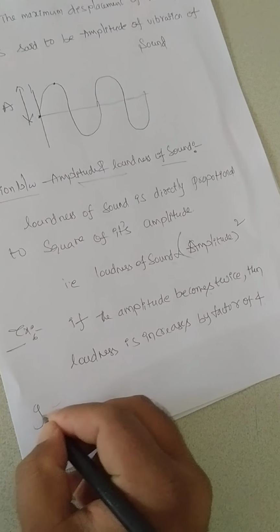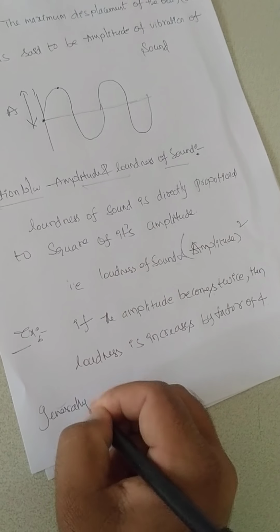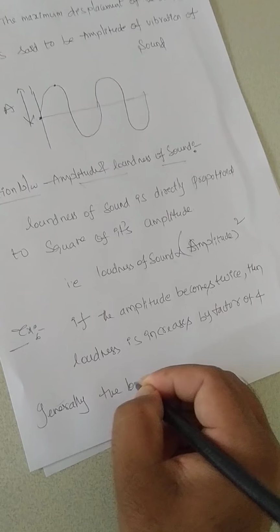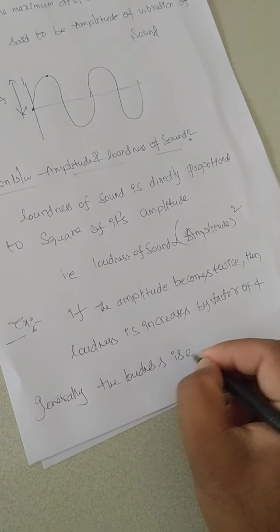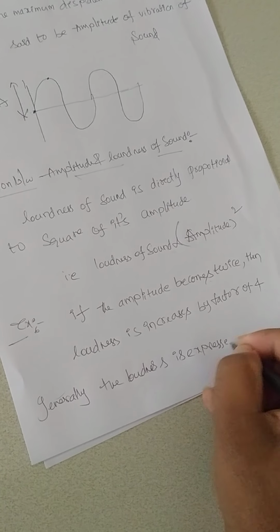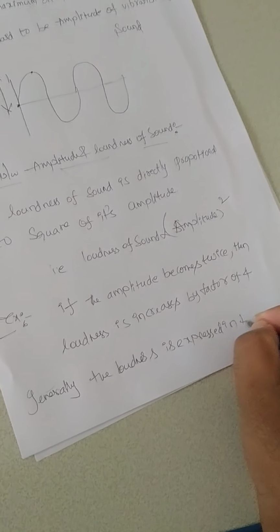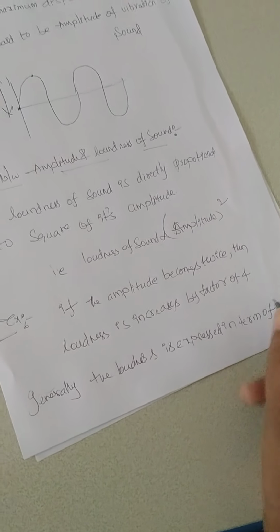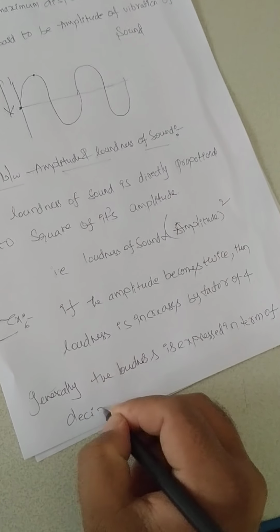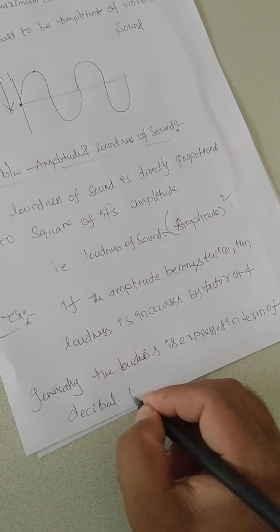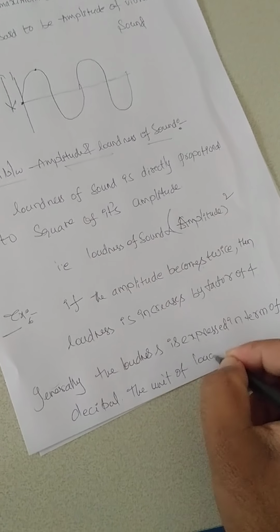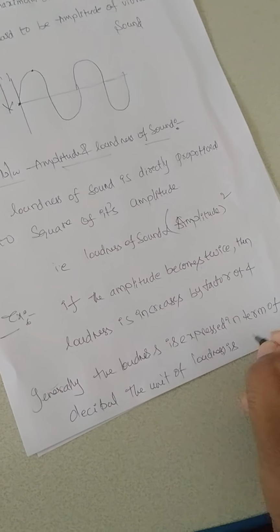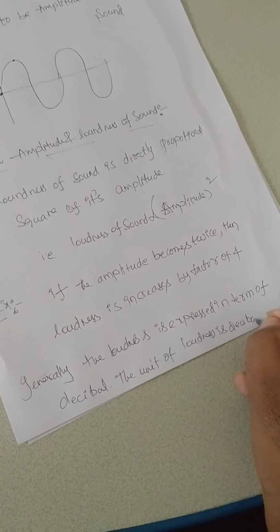So generally the loudness is expressed in terms of decibels. Generally the unit of loudness is decibel.